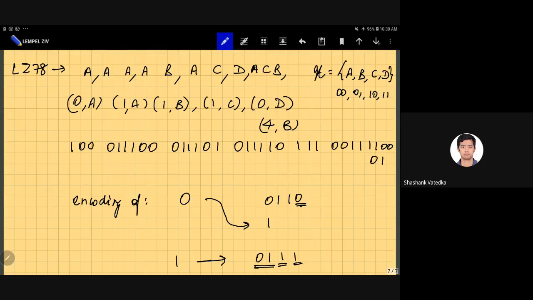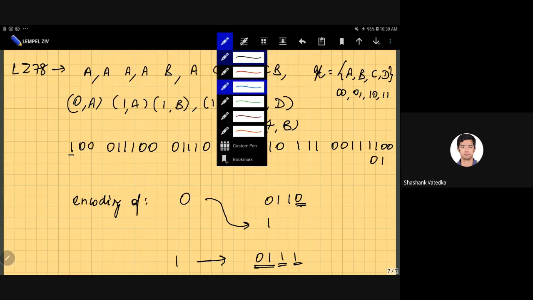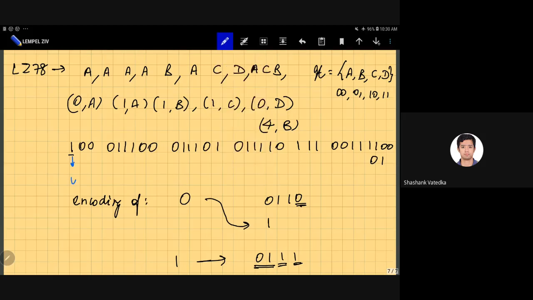It knows that the first thing that it has to read is an integer. So it reads 1. It knows that this is encoded by the integer 0. So this is 0, and this represents A. So it goes to the next.